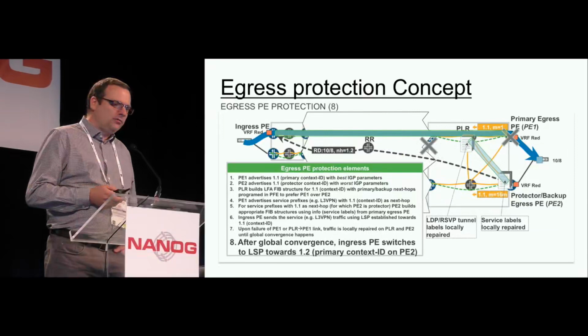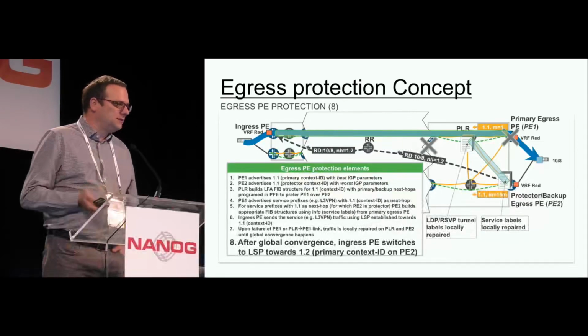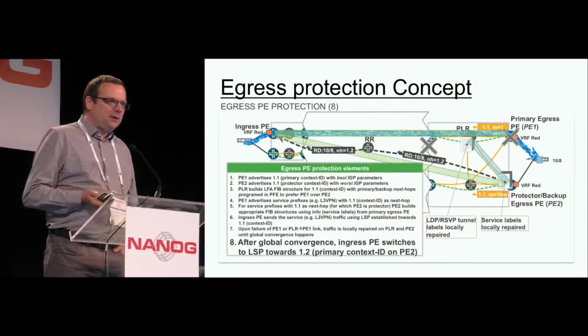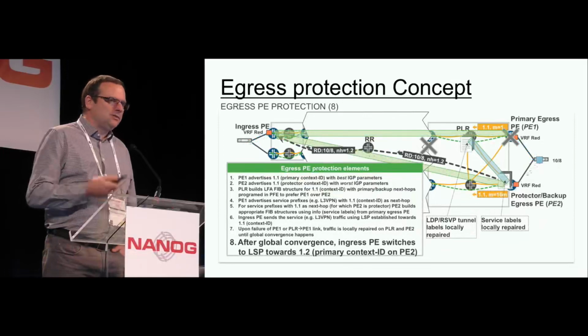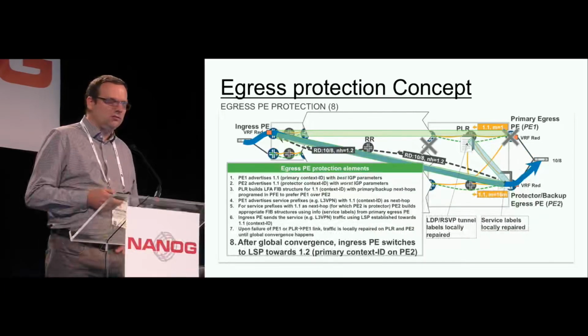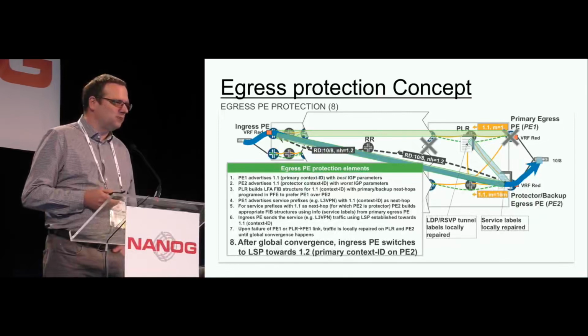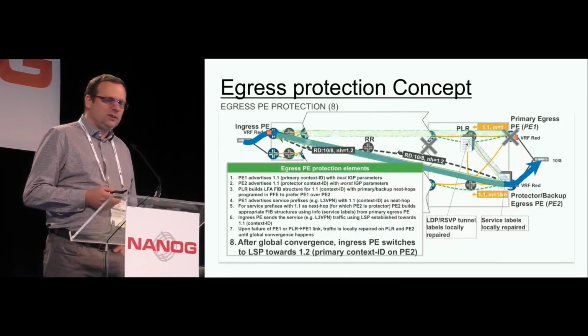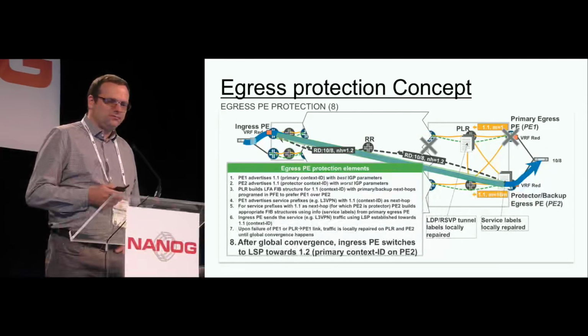And then eventually, of course, the ingress PE will realize that the failure happened, and will start to send the traffic directly to the second PE over an LSP directly to the second PE. In very large networks that can take some time.